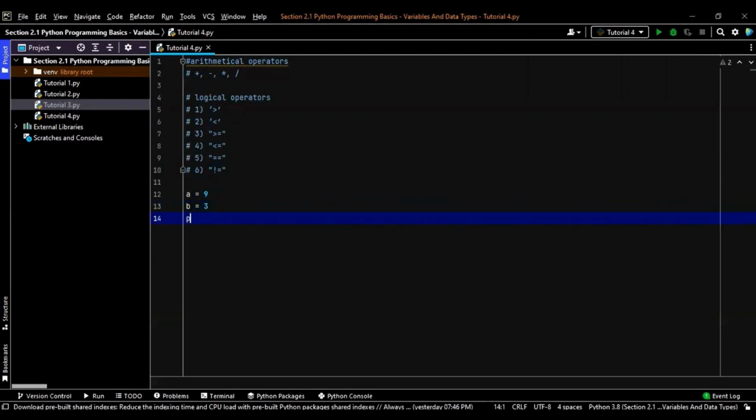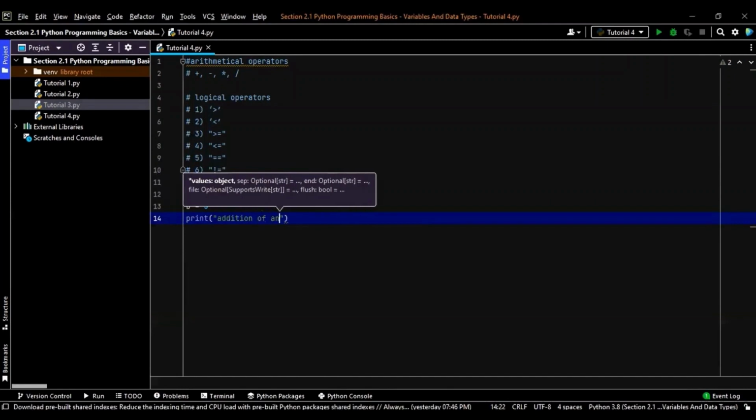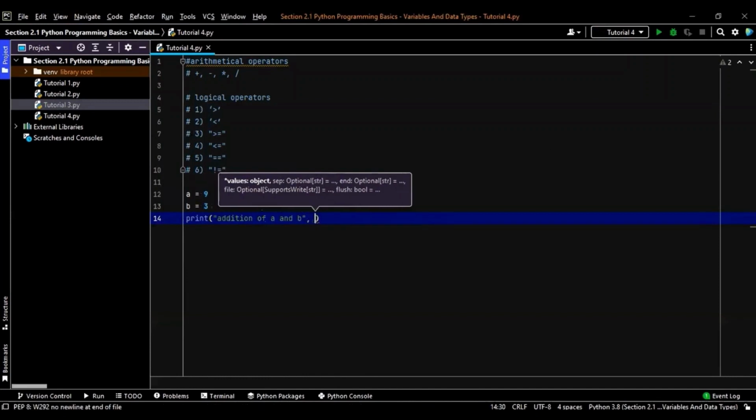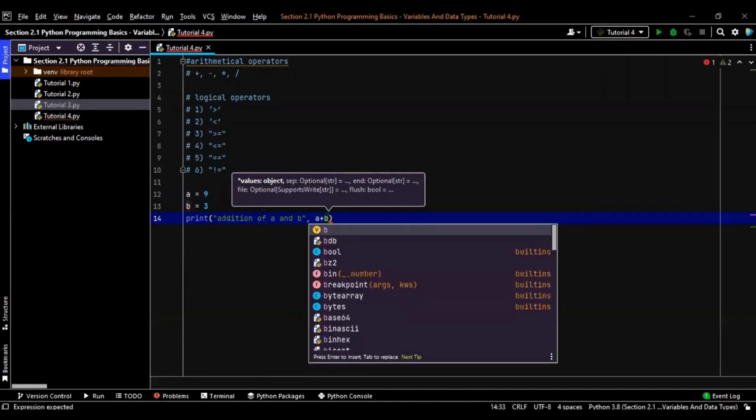So simply let me print addition of a and b, and I'll give a comma over here and write a plus b.